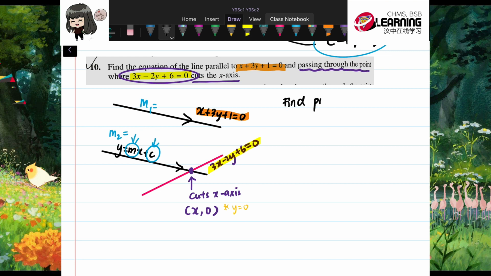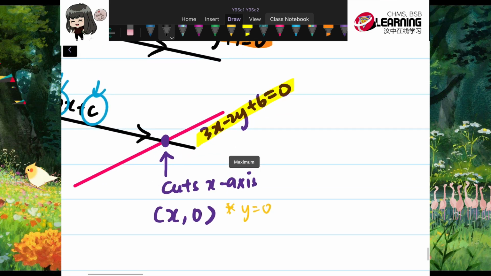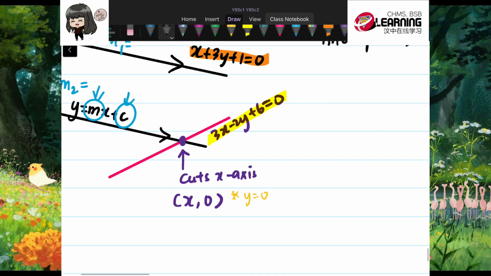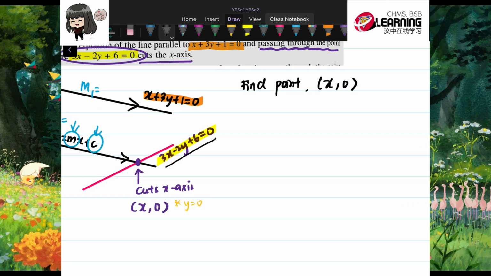So how are we finding the point? We already know it's (x, 0). When y equals to 0, it's also passing through 3x minus 2y plus 6 equals to 0. So we find our x coordinate first. When y equals to 0, we sub in.